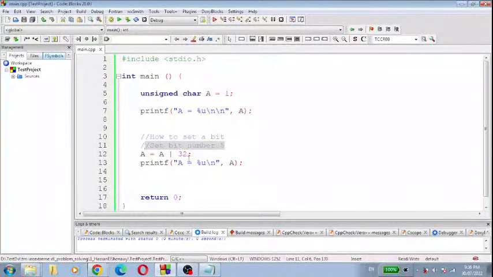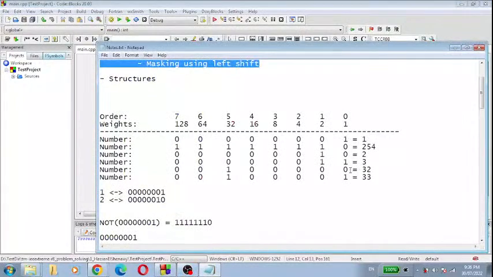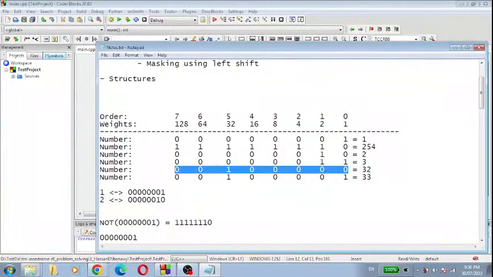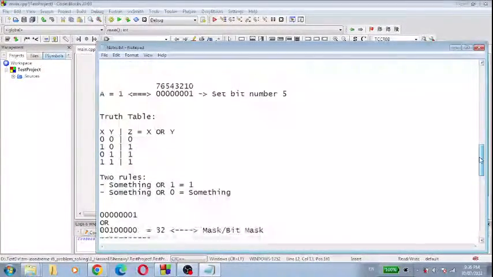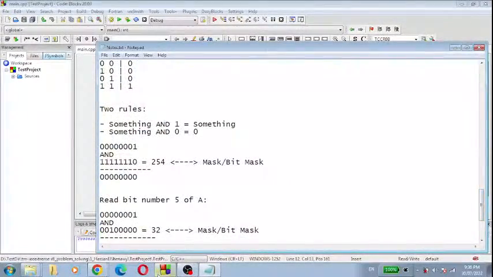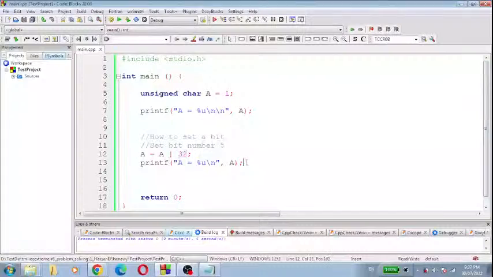Here I have chosen 32 to be my mask because 32 is equal to this value, which has 1 on its 5th bit. So what happens if I make something that seems a little odd, but is actually the same?